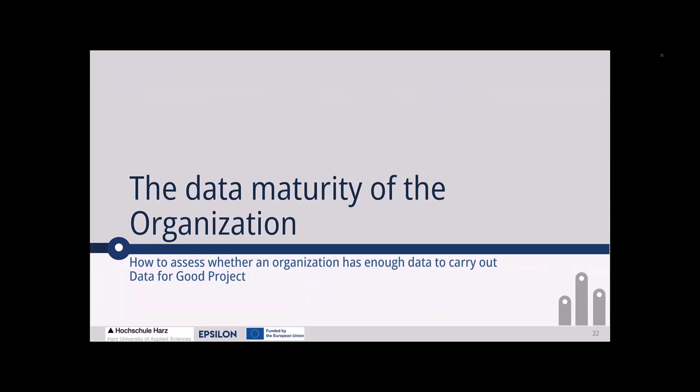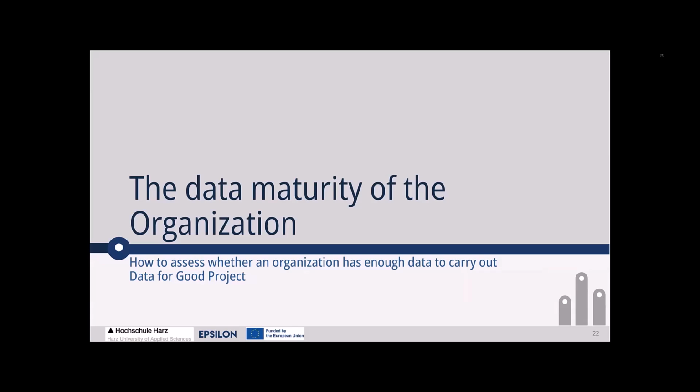So before you start your project, we thought about the characteristics and about the relevant questions you should ask yourself. And now it comes to the data itself. As typically, data is the underlying resource of the data science project, you have to be aware of the quality of the data that is available in the social organizations. Therefore, the data maturity of the organization plays a crucial role for a successful project.